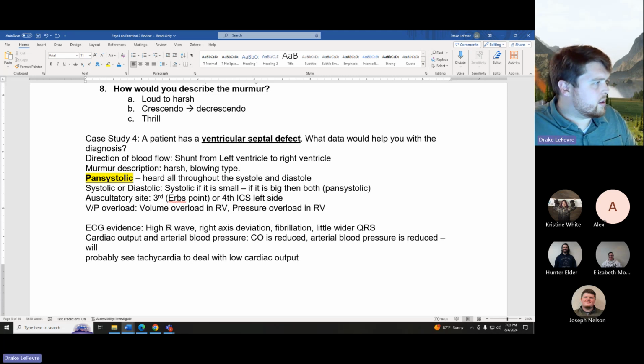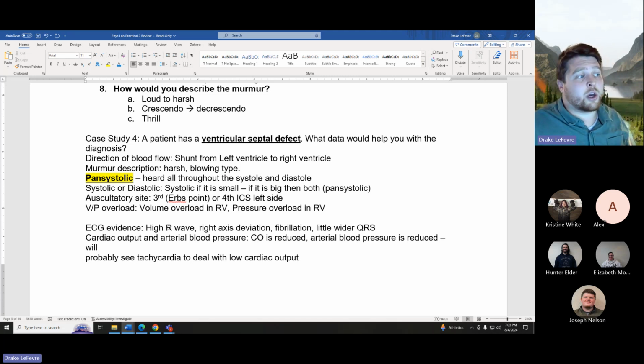Okay. The volume, pressure overload. Volume overload in the right ventricle, pressure overload. Yeah, it's both, because the left ventricle has higher pressure than the right ventricle. The right ventricle is going to the lungs, so it has pretty low pressure already.